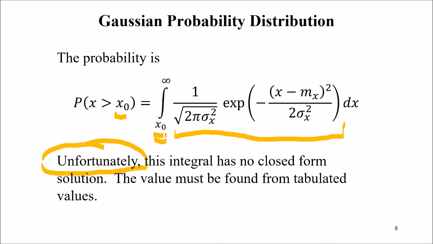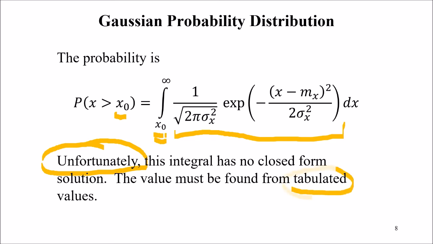Unfortunately, there is no closed form solution for this integral. It has no closed form antiderivative. Consequently, there is no equation we can write in evaluating this integral. What we are forced to do is rely on numerically tabulated values in a table.